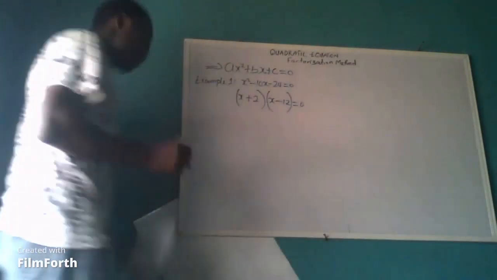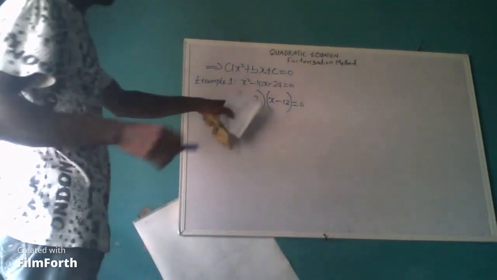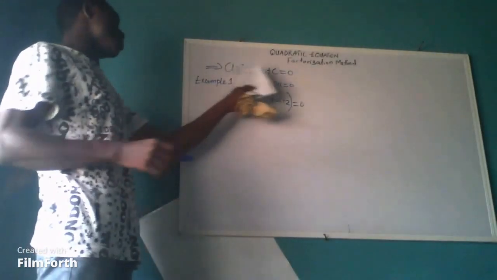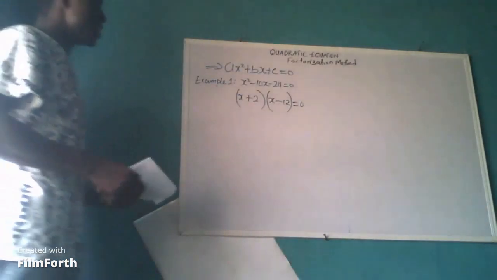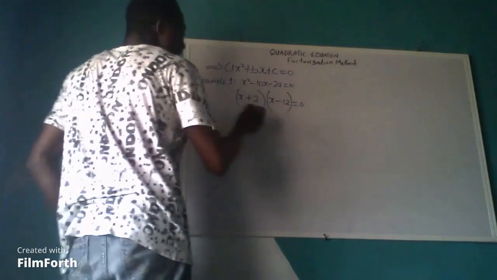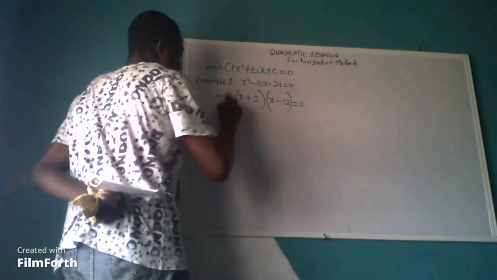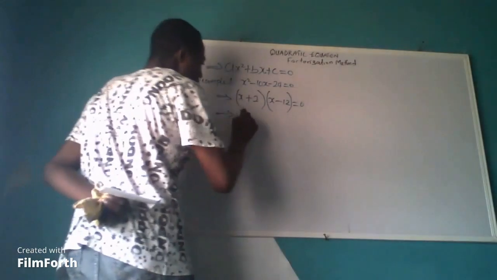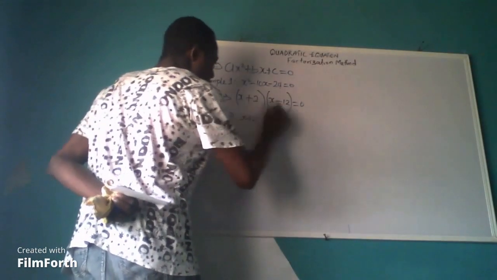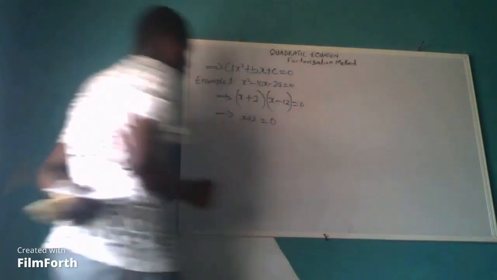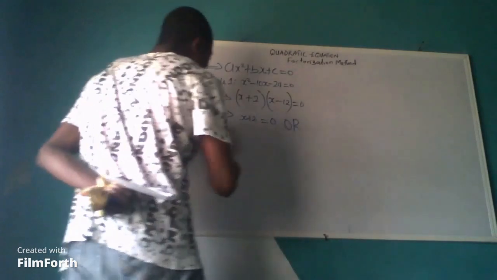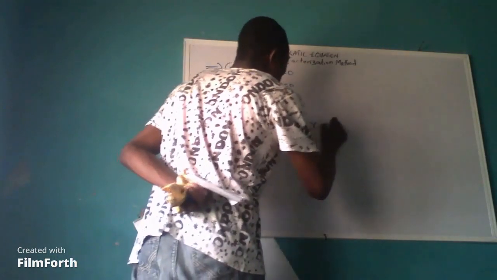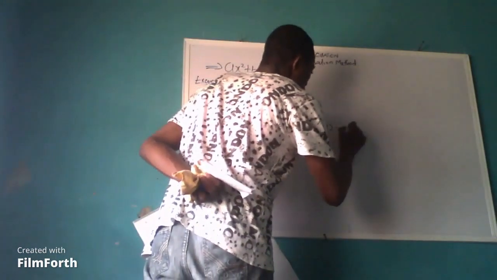If you open these brackets, you will get back this very part of the equation. Since we have gotten this, it implies that x plus 2, that is this bracket, is equal to 0, or x minus 12 is equal to 0.